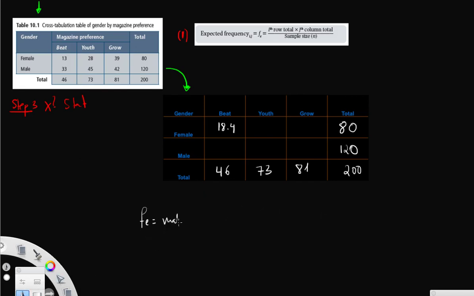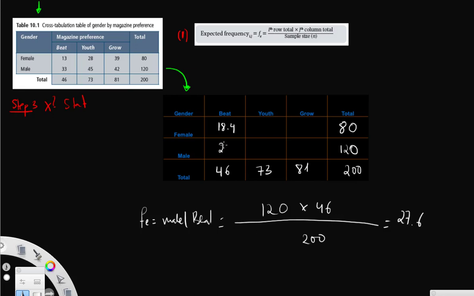So when I have male beat, it is equal to 120 times 46 divided by 200, which should be equal to 27.6. Then I'm going to put 27.6 here, and maybe a last one with female and grow, the magazine grow.